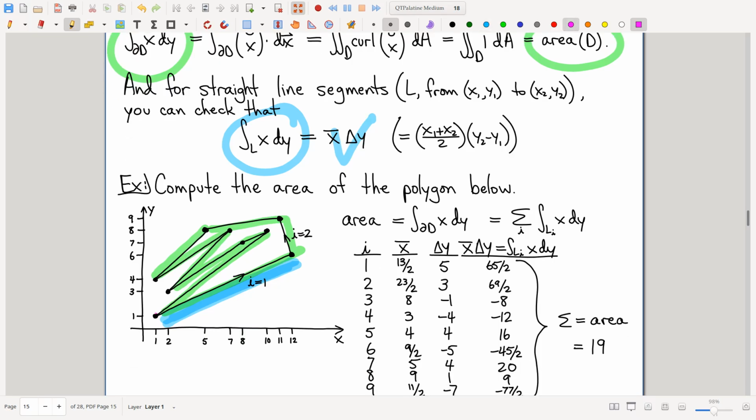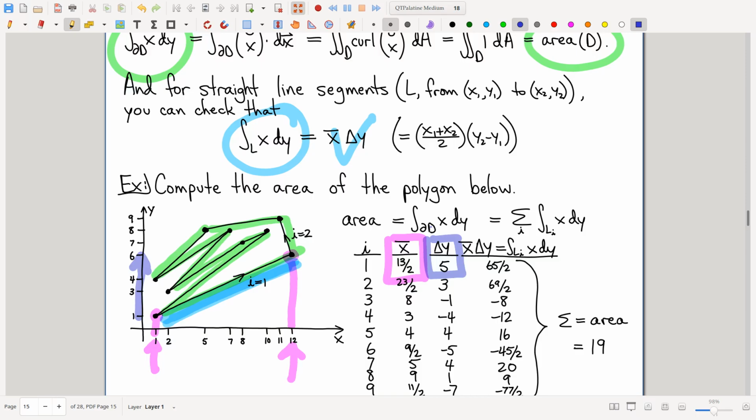So looking at this first segment here, for example, the average value of x is just 6.5. The change in y is just 5. Right? For this one line segment, super easy calculation.